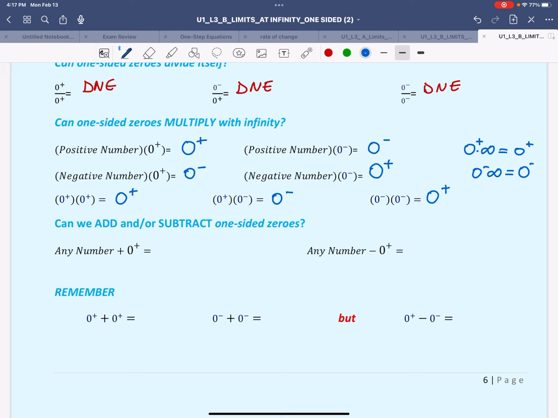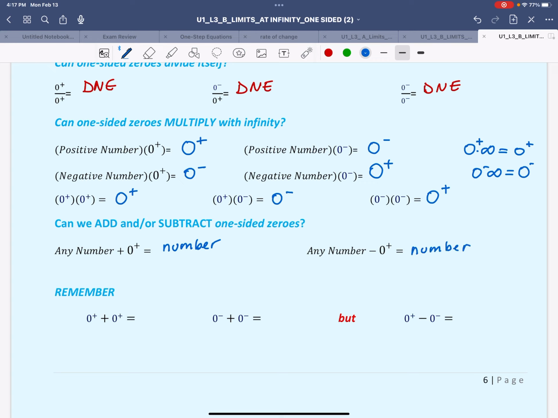You get the idea. Now, can we add or subtract one-sided zeros? So let's add one-sided zeros to a number. If you have any number and add a one-sided zero, that would be very close to the number itself, so that exists. Any number, take away a 0, that would be the number approximately.